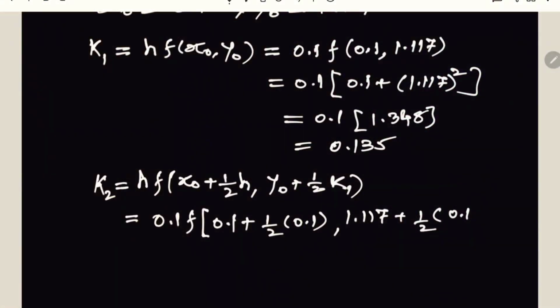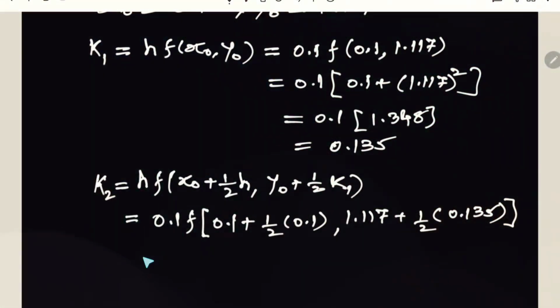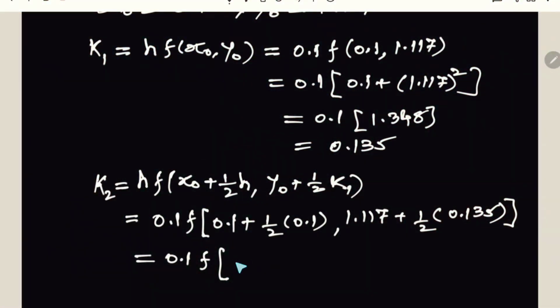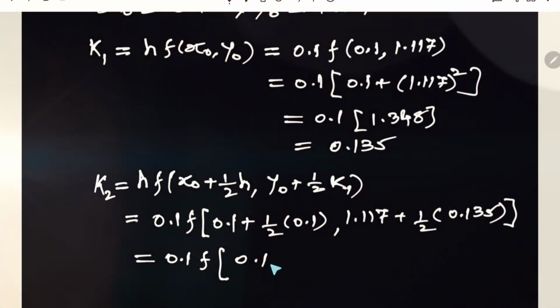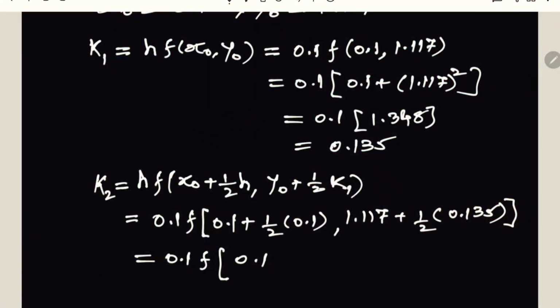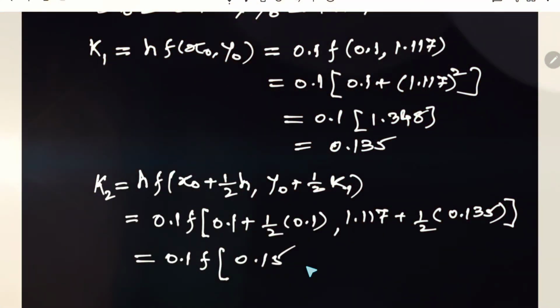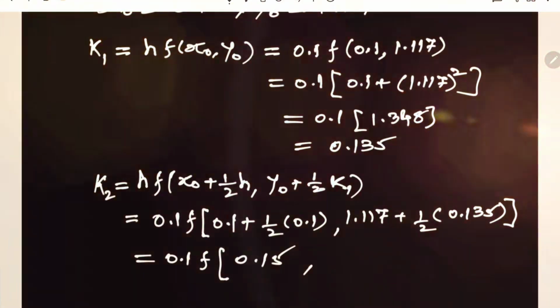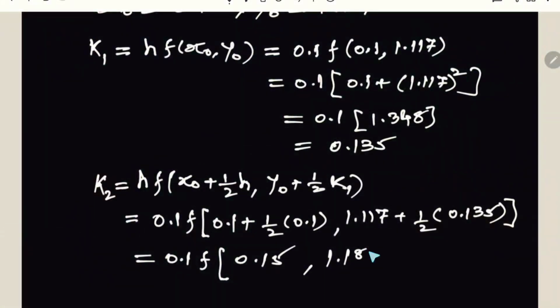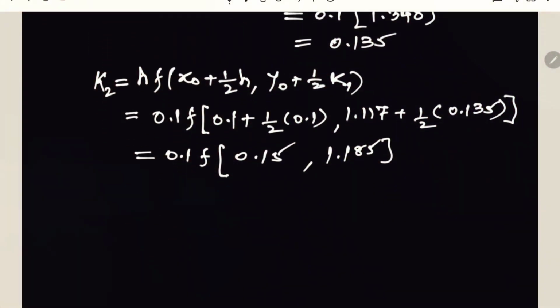Simplifying it further, we get 0.1 function of 0.15 and second term 1.185.